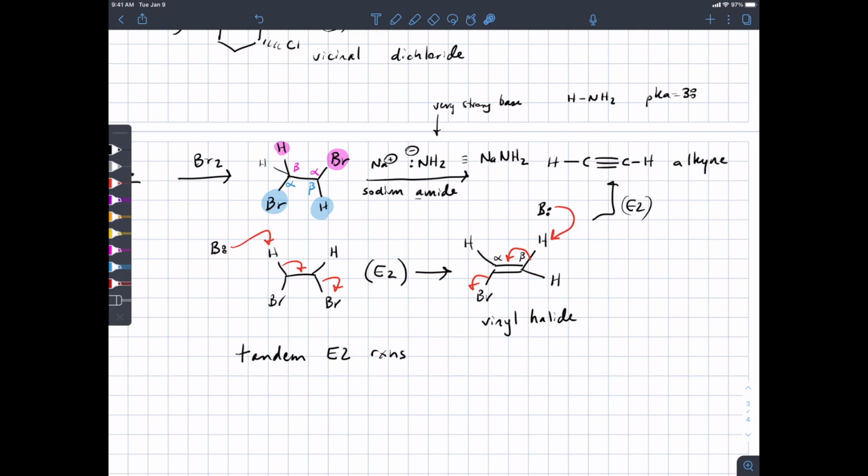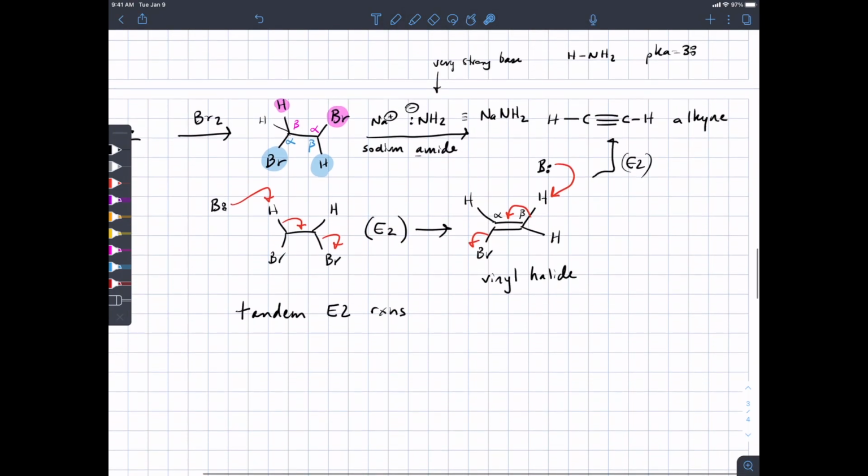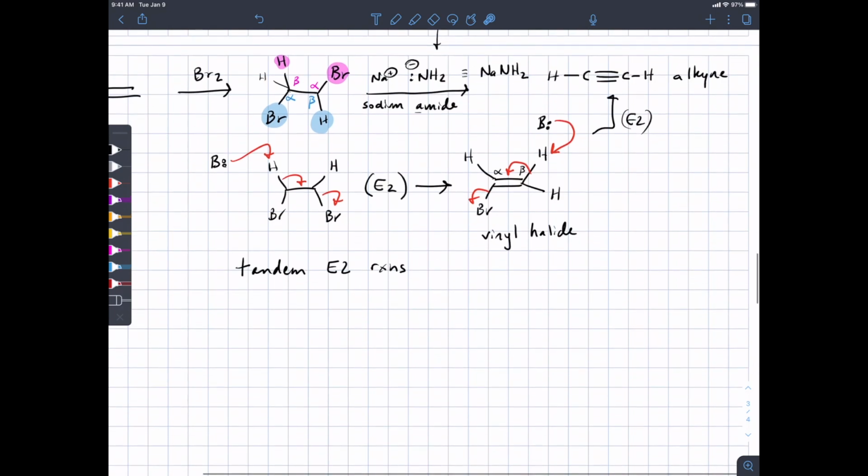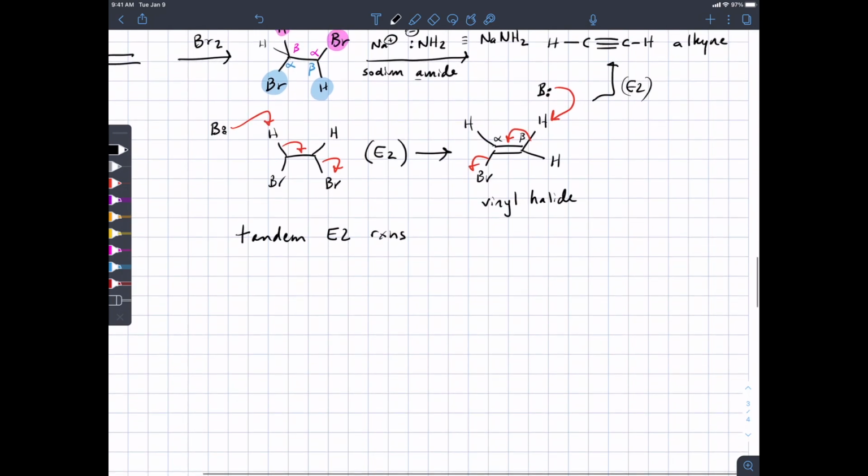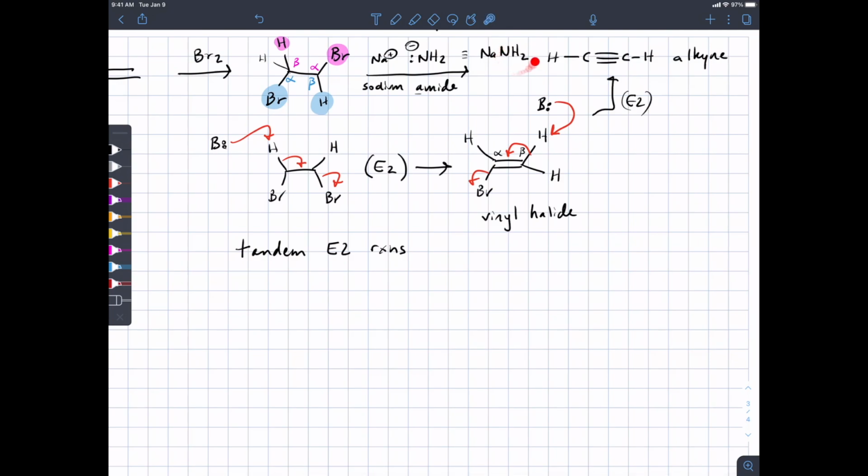And you need a strong base not only to do these two E2 reactions. So ideally you would need, for every mole of starting material, 2 moles of sodium amide in order to do the tandem E2 reactions. But the problem with using only 2 equivalents is that there's another thing that sodium amide can do to this product.